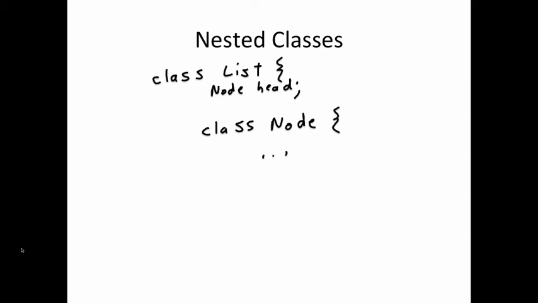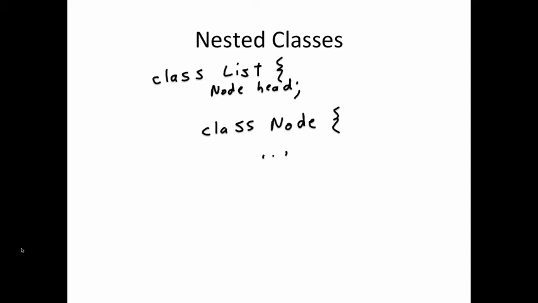Now you'll see exceptions later on in the course, but for the time being, you should assume that the reason you define a nested class is because no outside class needs to use it. And the only class that is capable of creating instances of an inner class is the outer class. So here the only class capable of creating an instance of node is the class list.